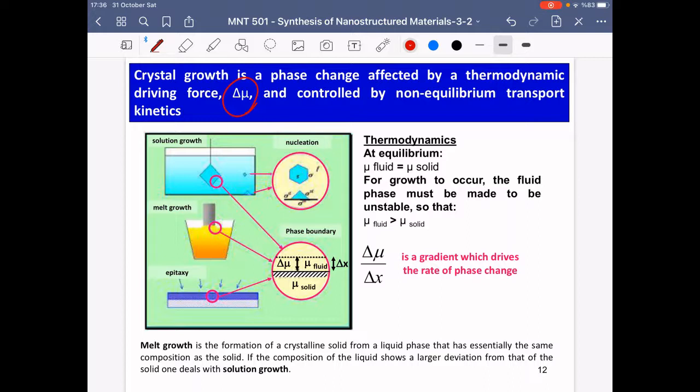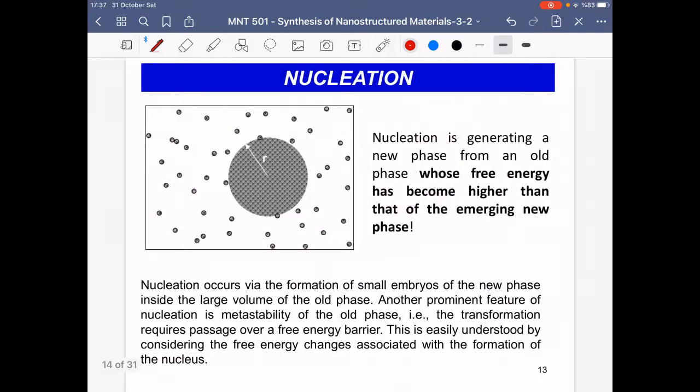Okay, at equilibrium, these chemical potentials should be equal because this is a phase change, like molecular epitaxy. And the higher this gradient is, the higher the rate of my phase change, okay? So this is important to know.